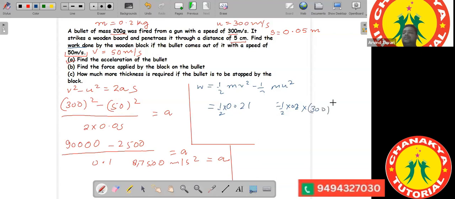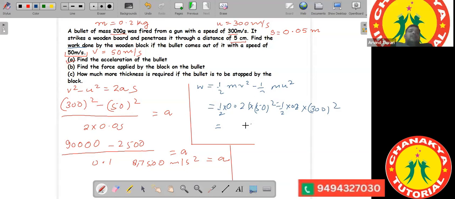You put 300 squared and here you put 50 squared. I think now you can compute. I think the mistake that Harini made was that you did not take both the initial and final velocities.